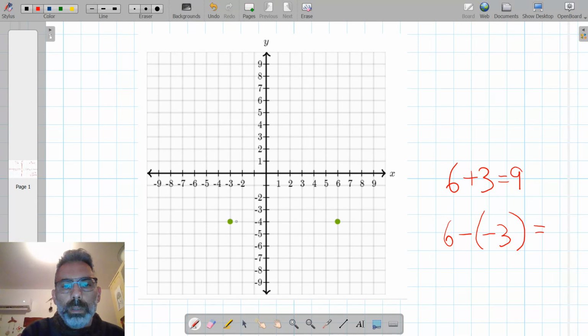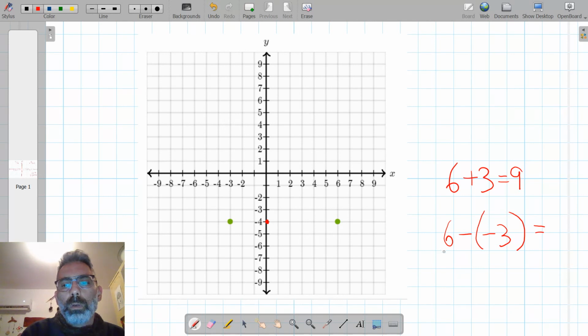And this shows that when we subtract a negative number from a positive number, we basically combine the distances of the two numbers from the 0. Okay? Because this is the 0 of the x-axis. So this point is located 6 units away from the 0, and this point is located 3 units away from the 0, but to the left of the 0.